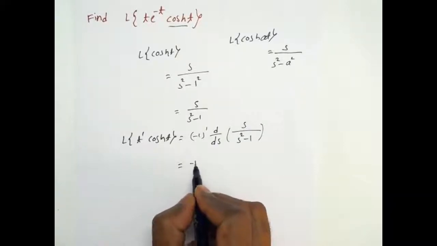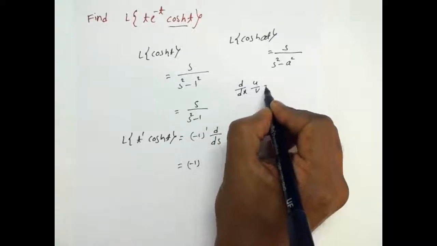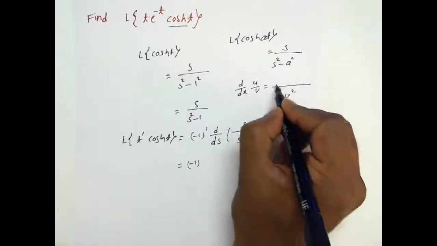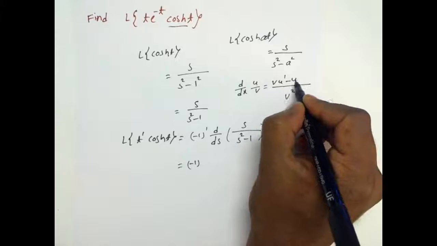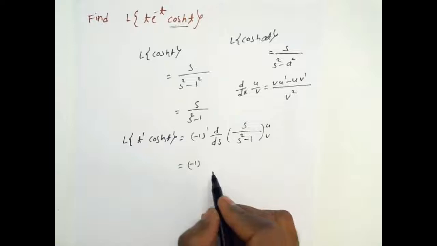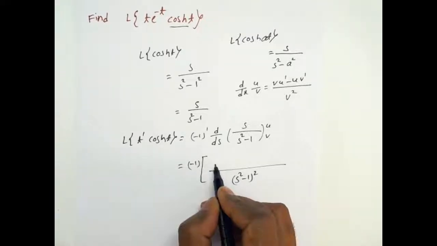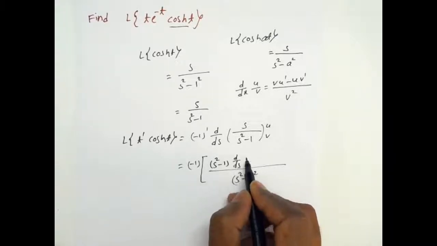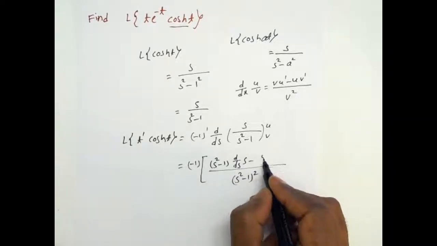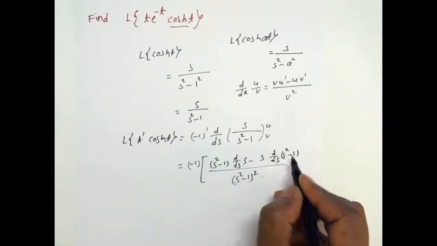Here the t coefficient is 1, so t to the power 1. Using the d/dx of u by v formula: d/dx of u/v equals (v u' minus u v') by v squared, where u is the numerator and v is the denominator. That equals (s squared minus 1)(d/ds of s) minus s (d/ds of s squared minus 1), over (s squared minus 1) whole squared.